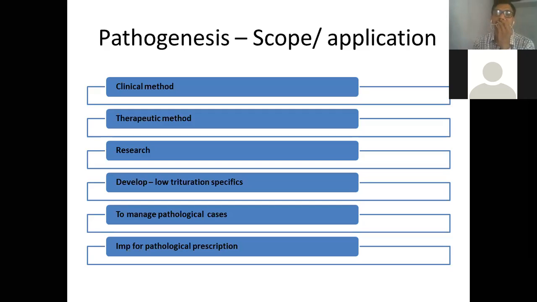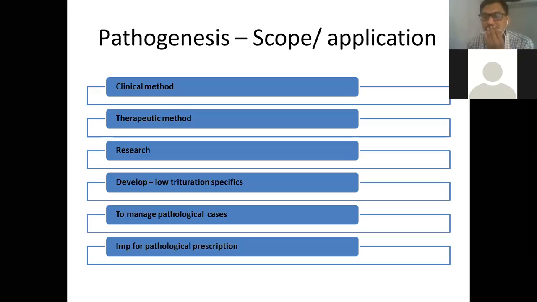So there is one important sarcode. You understand sarcode? Sarcode is a medicine prepared from the healthy secretions or healthy parts of various animals. So there is one medicine prepared from the thyroid gland of the ox, and that medicine is thyroidinum.